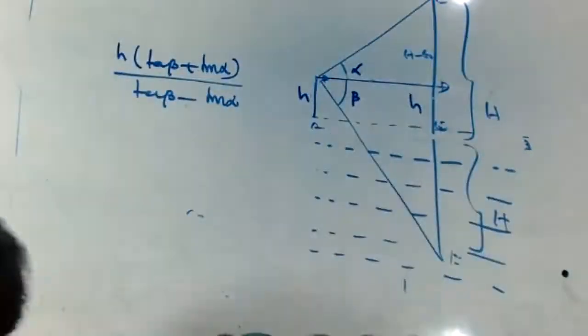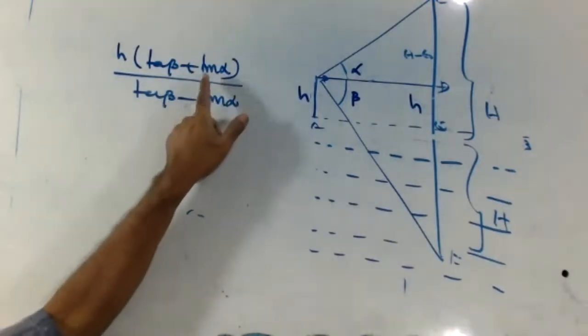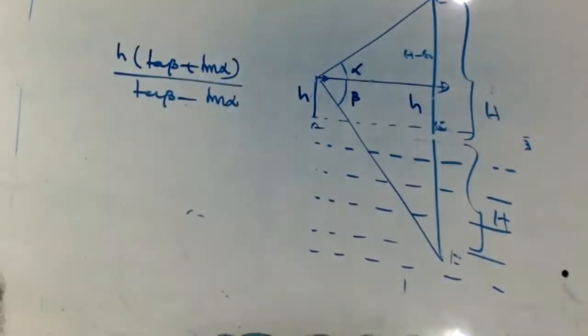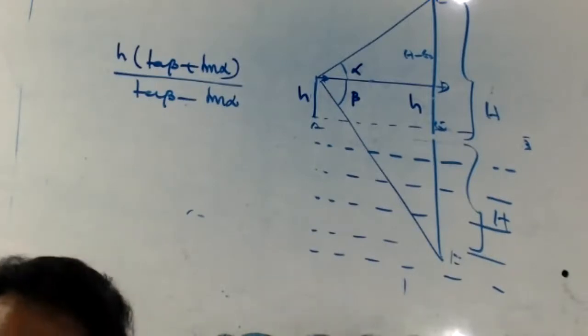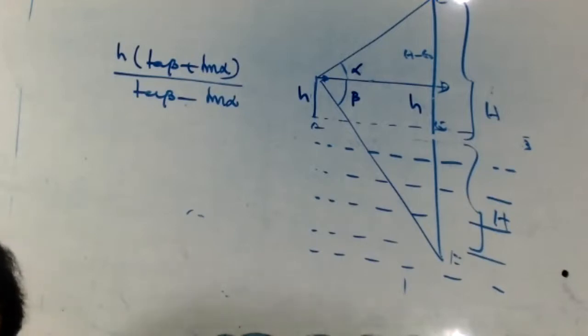Prove that the height of the cloud is h into tan beta plus tan alpha divided by tan beta minus tan alpha. Question again, look here. The angle of elevation of a cloud from a point h meter above a lake.